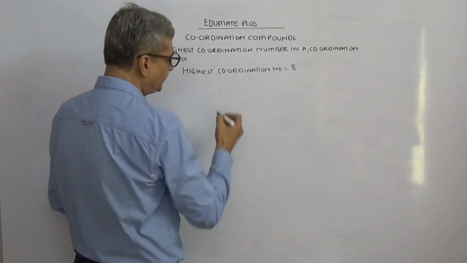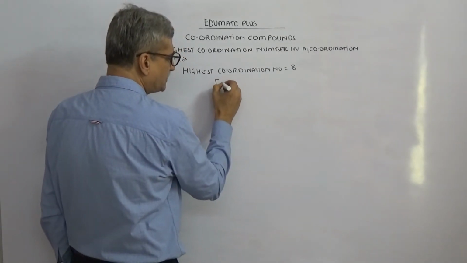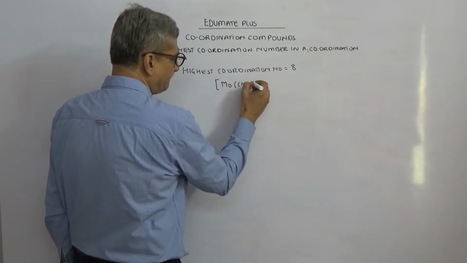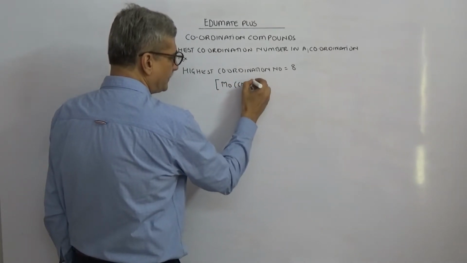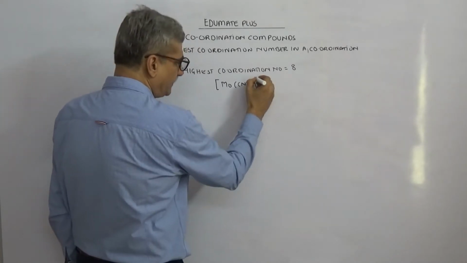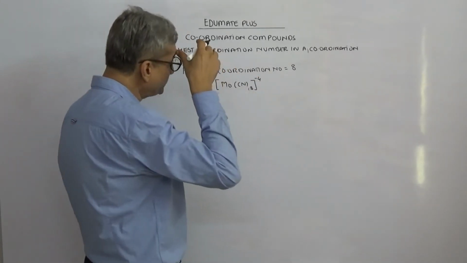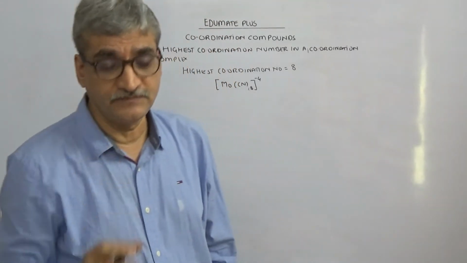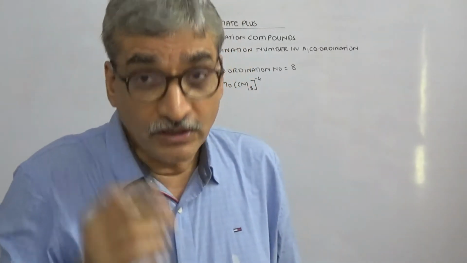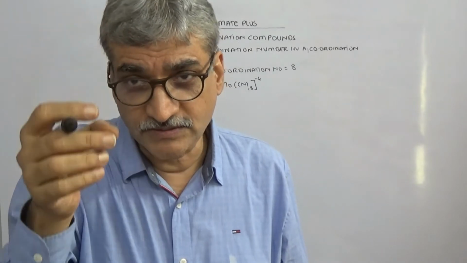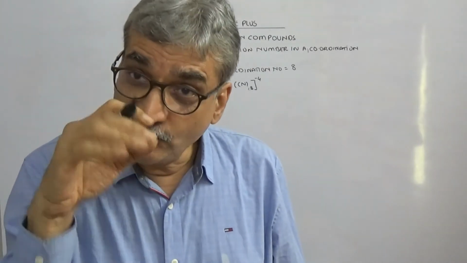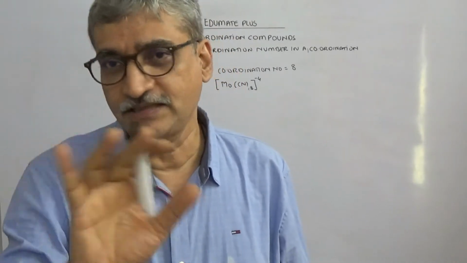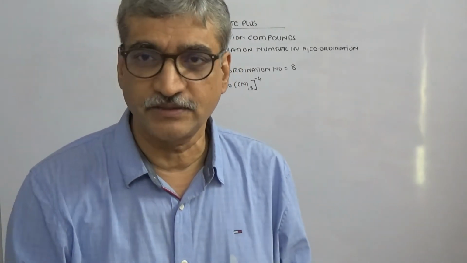One of the examples which they give is MoCN8 4- anion. So this is generally what is purported. But you have to be very careful, especially with JEE Mains. We have to look at the distractors properly. Because if 12 is not given instead of 8, if highest is 8, then 8 is the answer. Then they are going as per the NCERT book.